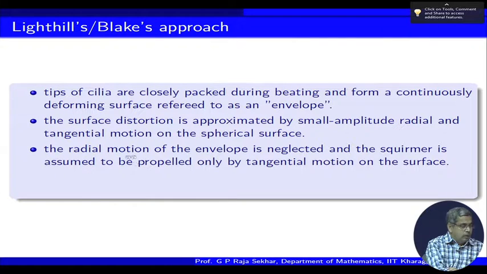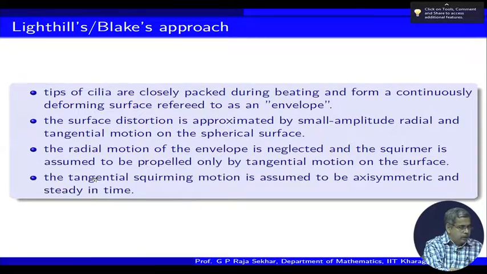Now, it can be very arbitrary, it can be radial as well as tangential, but in the so-called squirming motion, radial motion of the envelope is neglected and the squirmer is assumed to be propelled only by tangential motion. That means, these hair-like structures are not exerting so much movement along the radial direction, because they are attached to the surface and they are beating.